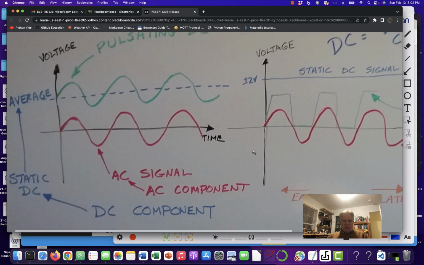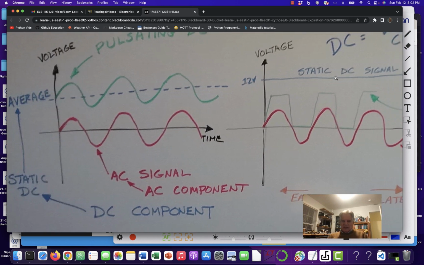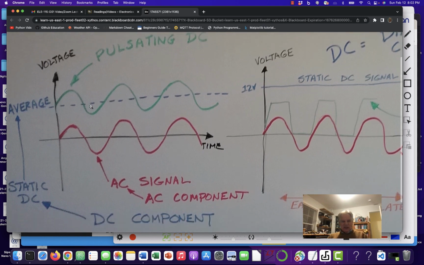Well, if you combine a static DC signal and something like a sine wave, if the DC signal is more positive than the trough of the sine wave, or more negative than the peak of the sine wave, and those are always equal, the trough and the peak of the sine wave, then they call it a pulsating DC signal, because this guy never actually changes direction, but he's really a combination of two signals.